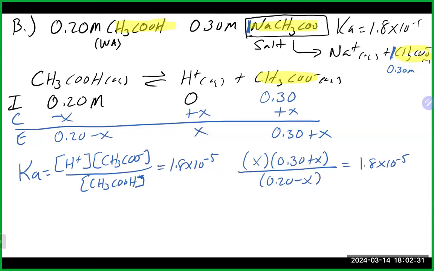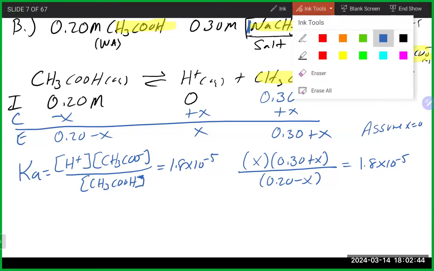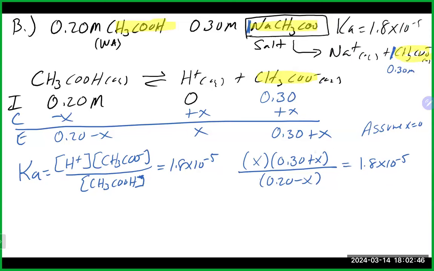So since the assumption worked okay in the first place, why not try it again here? So I'm going to again assume that X is equal to 0 in this case. Now, in this case, though, we do get to knock out a couple of X's. We're going to get rid of this X and this X, anything we're adding or subtracting something from.